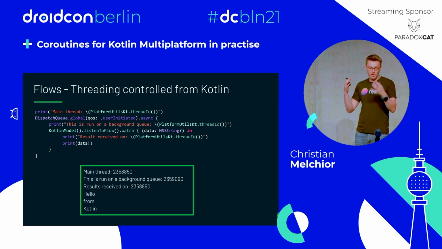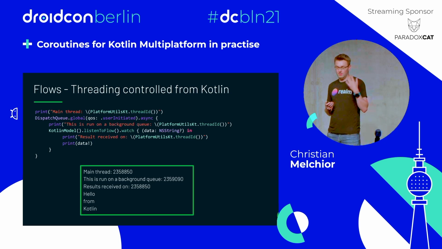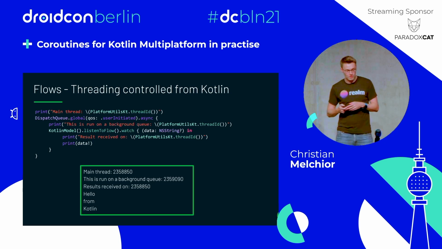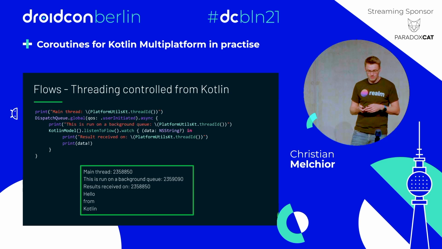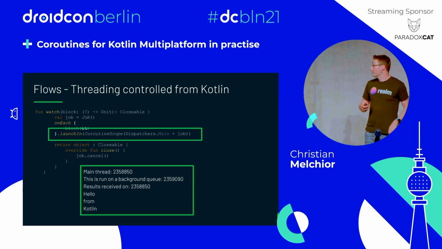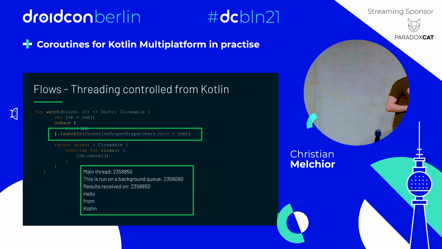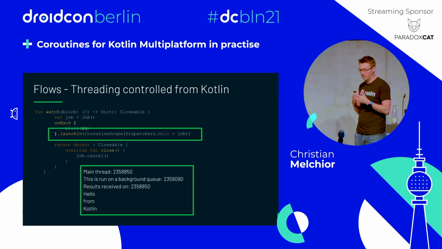The work itself is doing something on the background thread, but all the work is still being executed on the main thread. And the reason for that is, if you remember the common flow implementation, we had this launch-in clause, which defines where you are running your coroutine, where the flow work is being done, and that is being run on main right now.